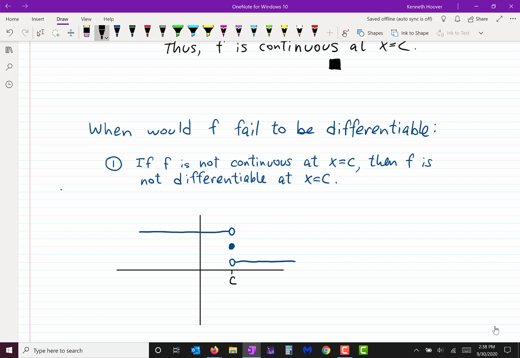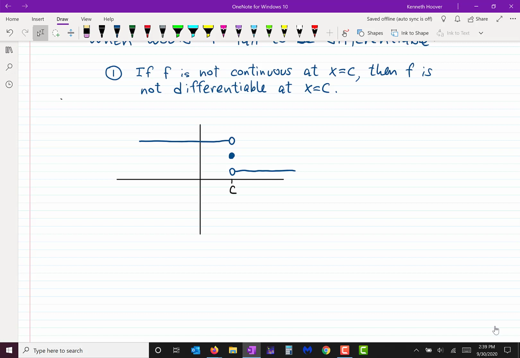Well, how could you possibly draw a tangent line in that kind of a situation? You can't. There's no such thing as a tangent line in a situation like that. If the function is discontinuous, then there's no tangent line, and if there's no tangent line, then there's no slope of the tangent line, in which case there's no derivative.